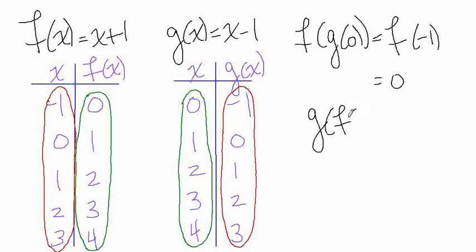G of f of 3. So f of 3 is equal to 4. Now let's find g of 4. G of 4 is equal to 3. Try to find the corresponding composition values for several x values, and you'll see that the value that you start with, the input value, is the same as the output value.